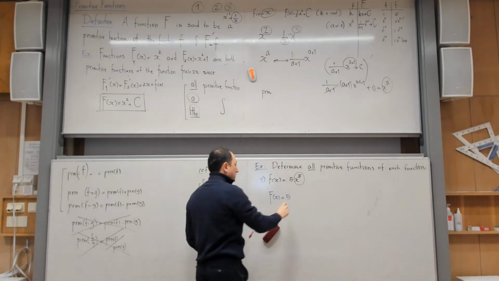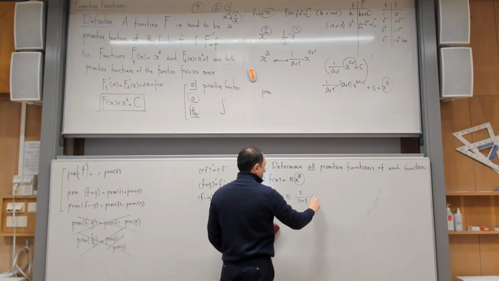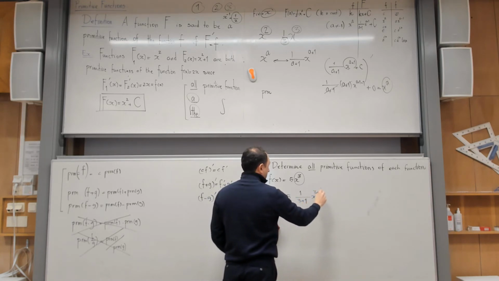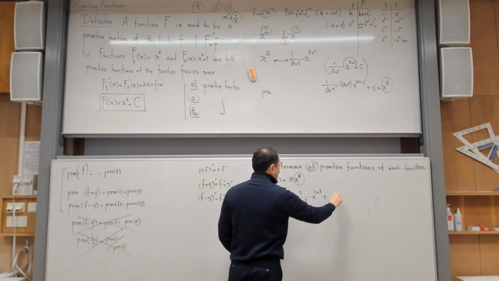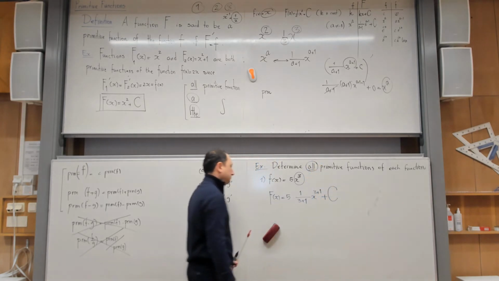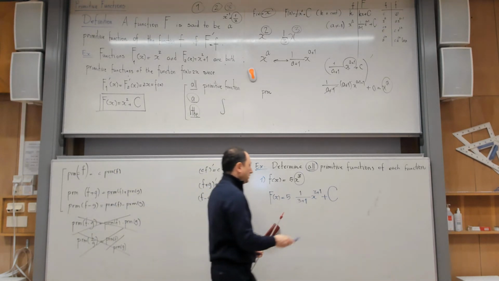So if you want, you can just write all the details. It becomes 1 over 3 plus 1, x to the power of 3 plus 1, and then because I have emphasized "all", you have to respect that and put c at the end. And then you simplify, of course.